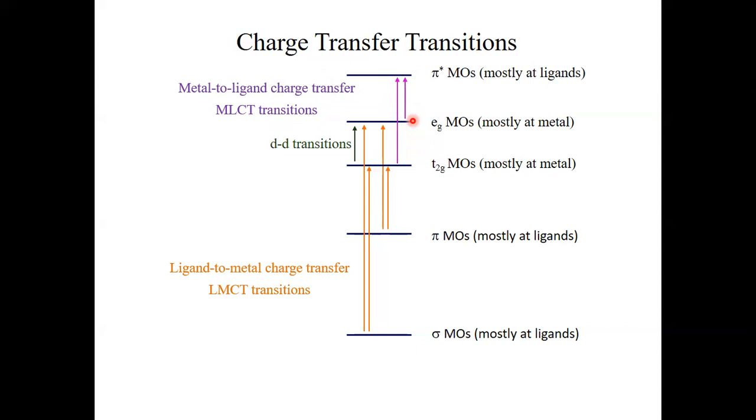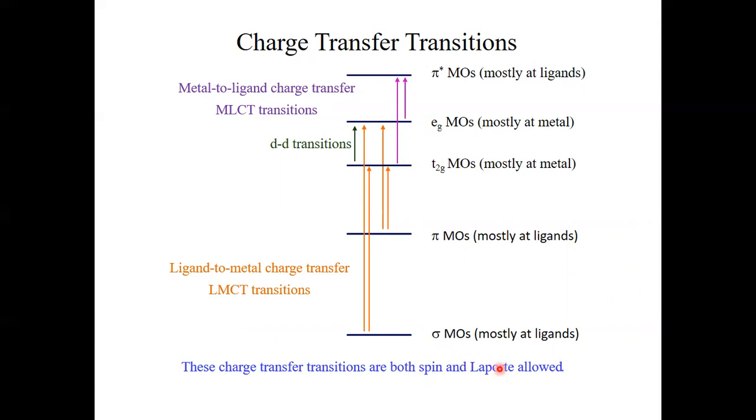So now, under which circumstances can we expect a ligand to metal charge transfer transition in the visible range? And under which circumstances can we expect a metal to ligand charge transfer transition? Yeah, I forgot one thing, which is that usually these charge transfer transitions are both spin and Laporte allowed.